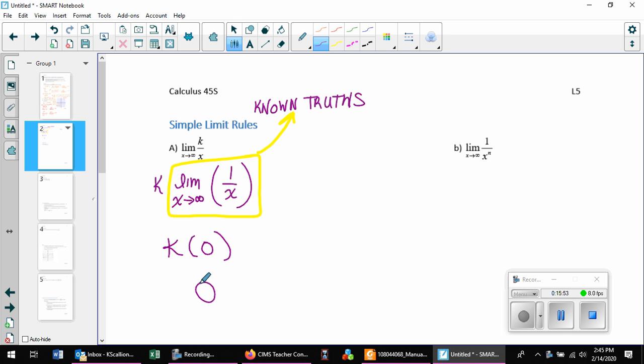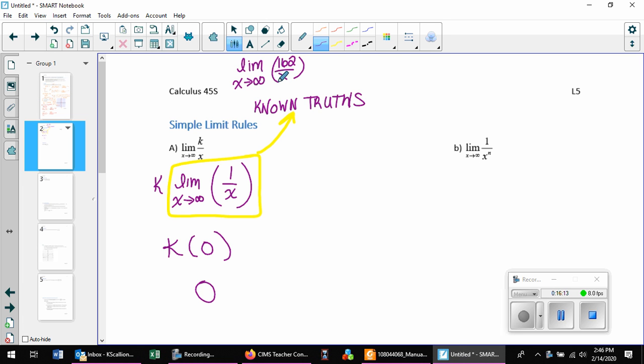So if I gave you an equation, limit as x approaches infinity of 162 over x, you don't have to do any math. You know it's 0. Okay, so it's a known truth.